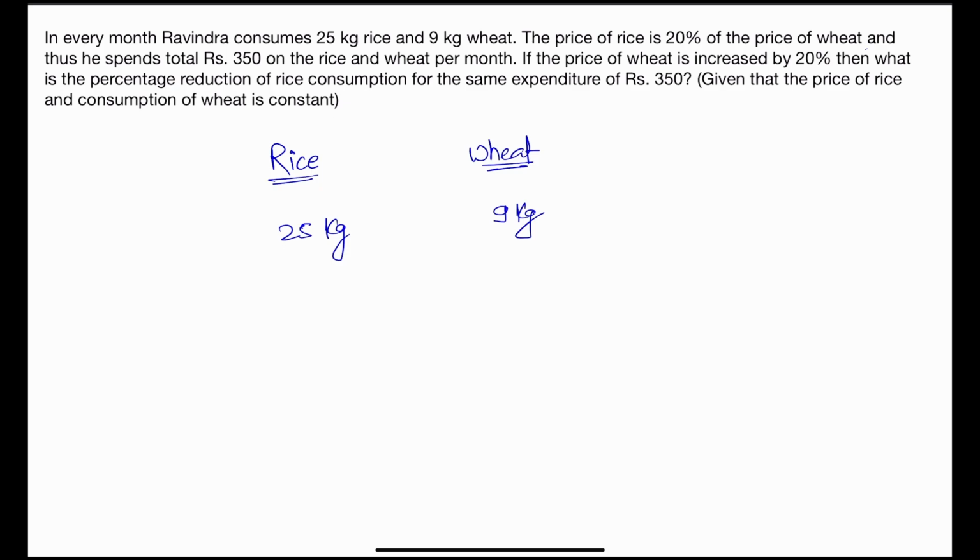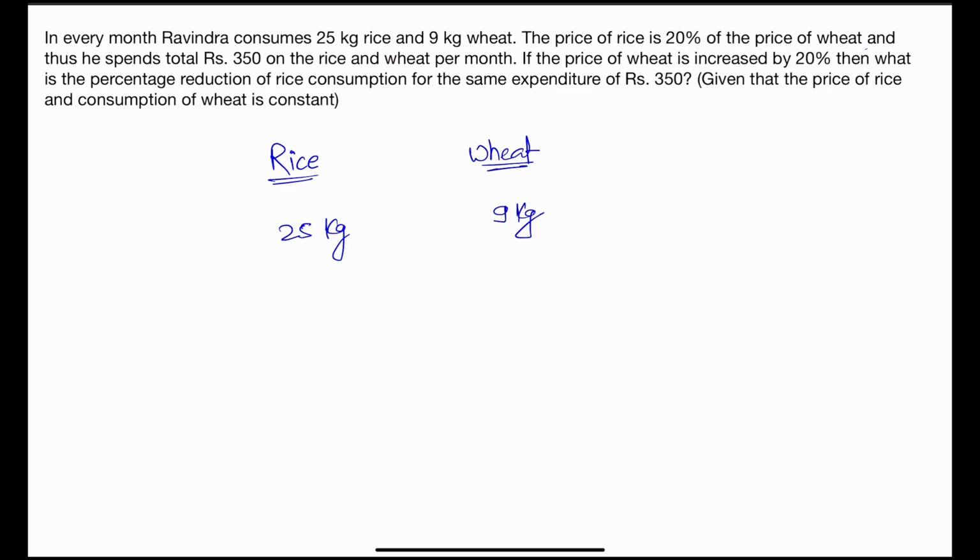So there are many ways to approach this question. First of all, if the price of rice is 20% of the price of wheat, so 1 by 5, I can suppose that 5 is the price and 20% will be 1. But if someone doesn't take any number and just tries to solve with x, that's also possible. Suppose wheat is rupees x per kg.